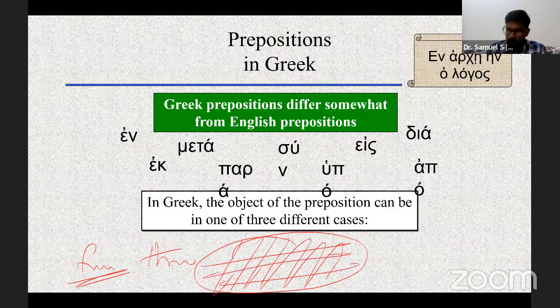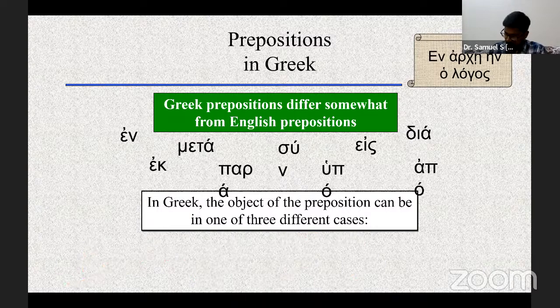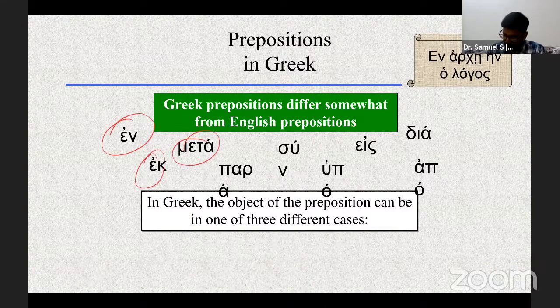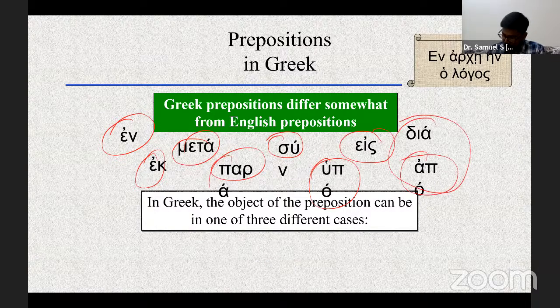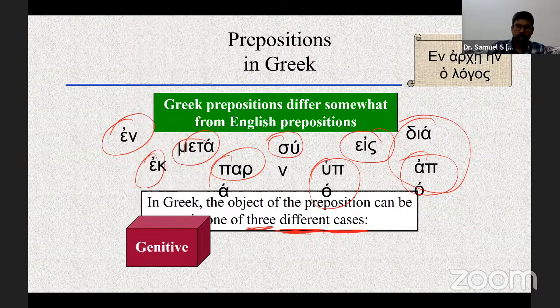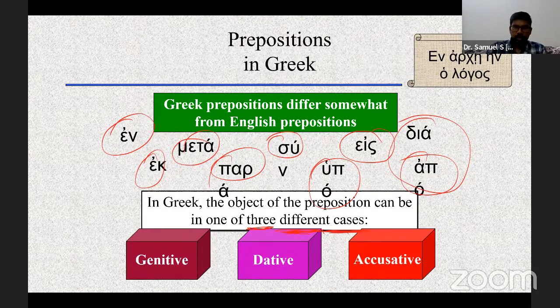The object does not decline in English. Whereas in Greek, for all of these different prepositions, the object can be in one of three different cases, right? And what are the three different cases? The genitive, the dative, the accusative.